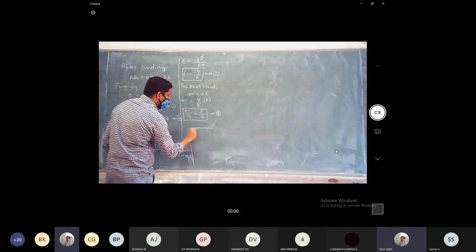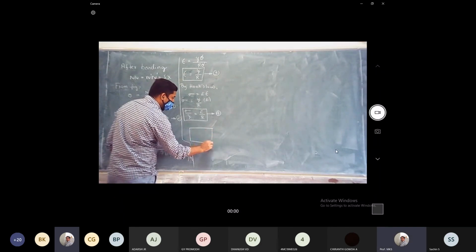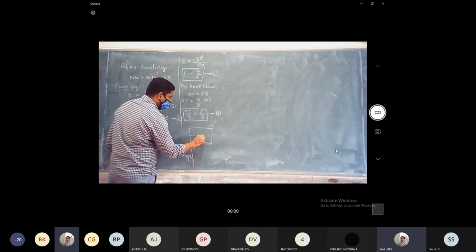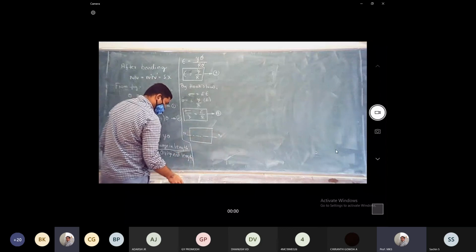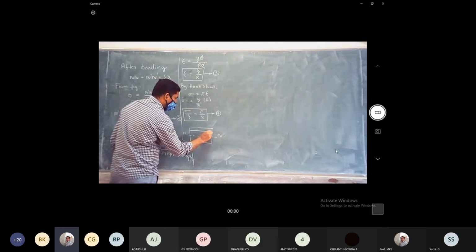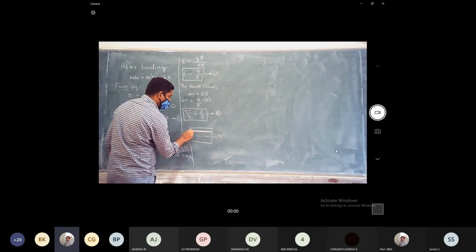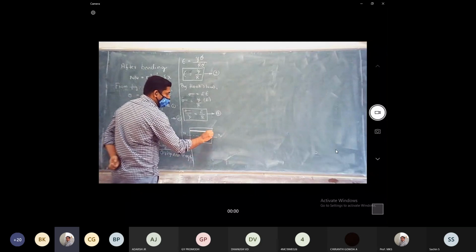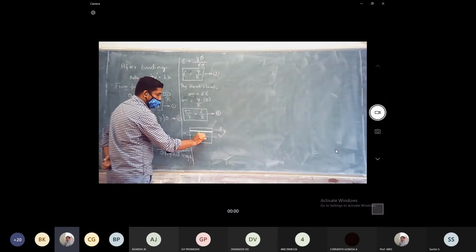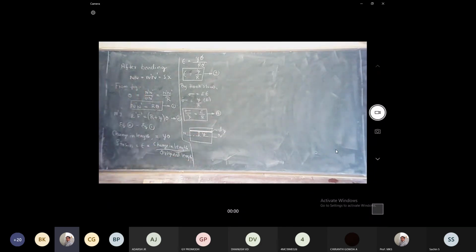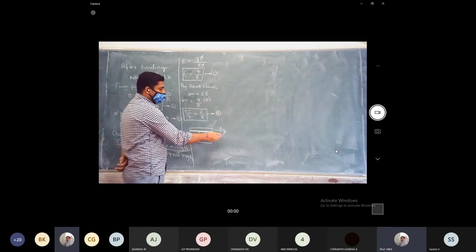If this is the beam we have considered, and this is the neutral axis, now let us consider a very small element.